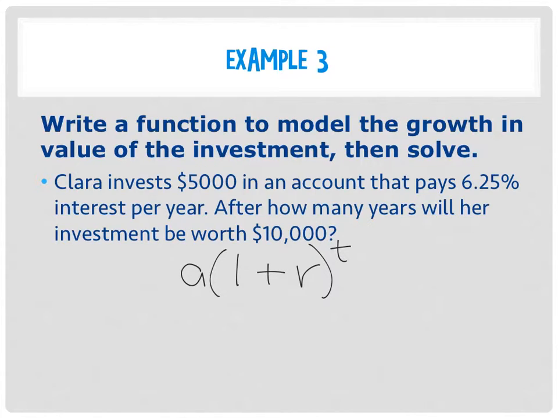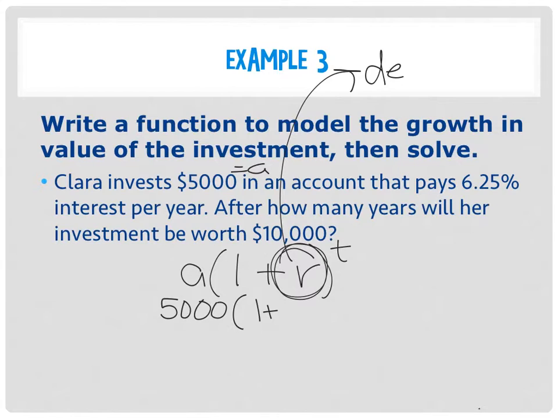So what's the initial amount that she's investing? This 5,000 is my A. What's the rate at which she's investing? 6.25. So the catch here is this rate has to be in decimal. And what does it give it to you in? Percent.